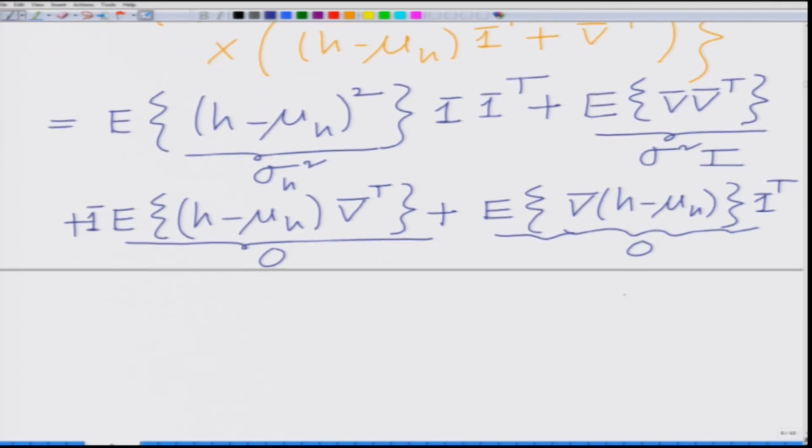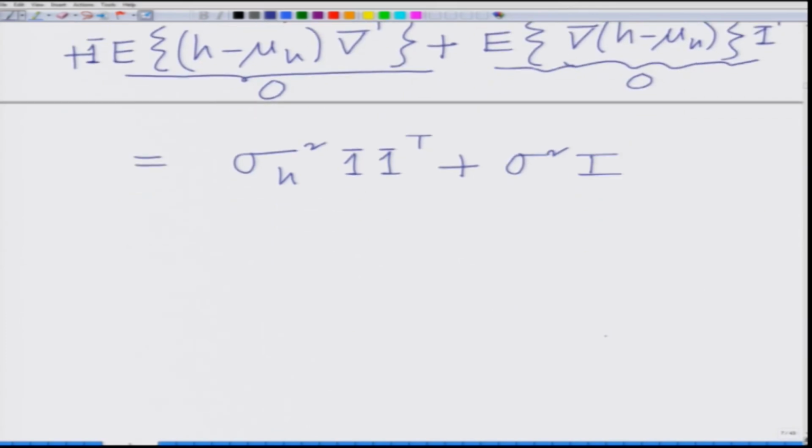So, finally we are left with only the first two terms, that is sigma h squared times 1 bar into 1 bar transpose plus sigma squared identity, where sigma squared is the noise variance. Sigma squared, remember, is the variance of each noise sample.